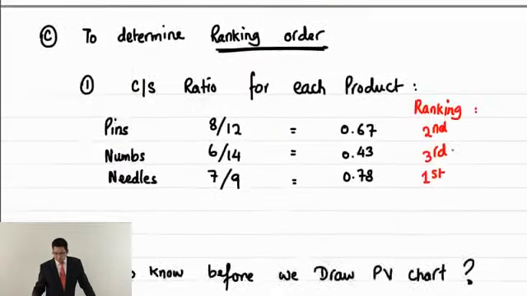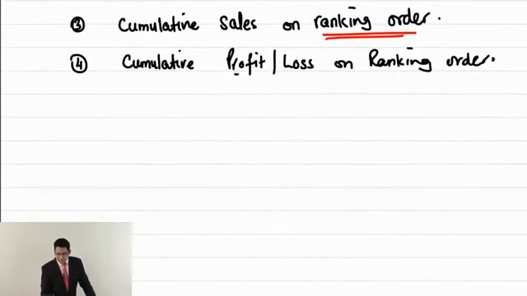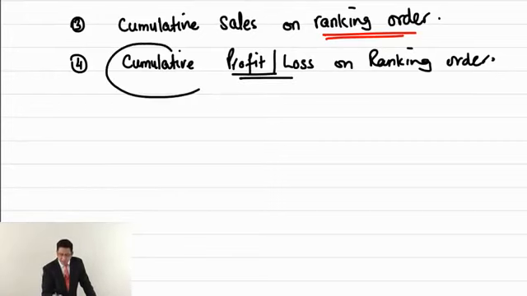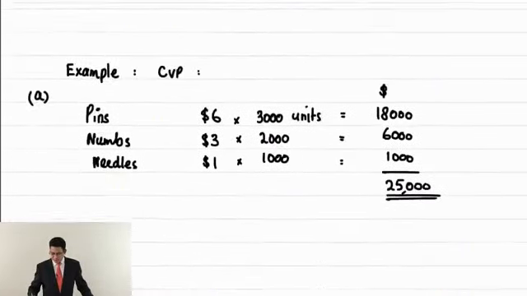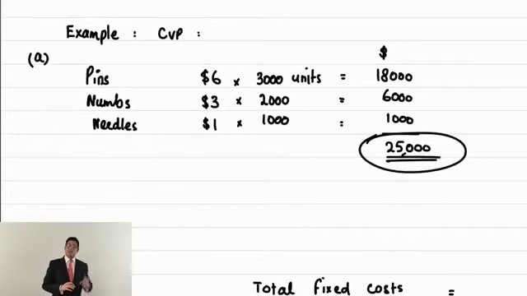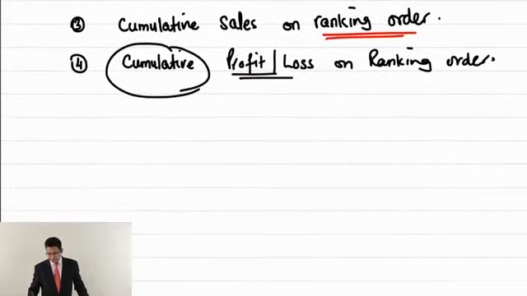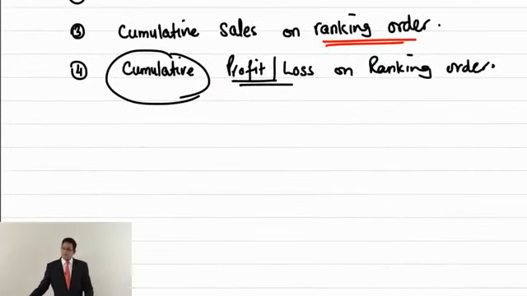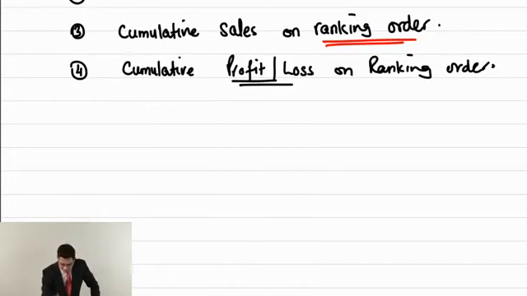And last but not the least, cumulative profit or loss on ranking basis. I know the total profit already. Remember, requirement A was total profits, I think it was $25,000. I know total profits, but we need to know the cumulative profits on ranking basis.